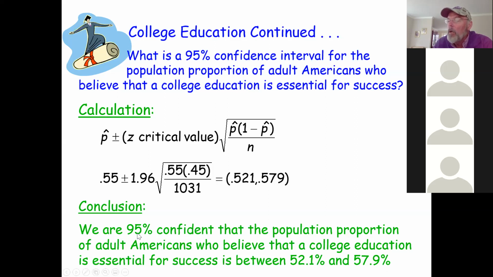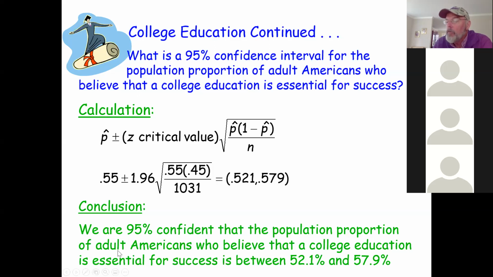We are 95% confident that the population proportion of adult Americans who have college education is essential for success is between 52.1% and 57.9%.